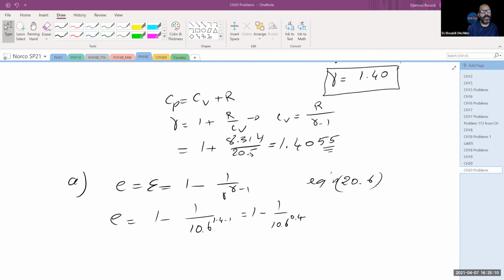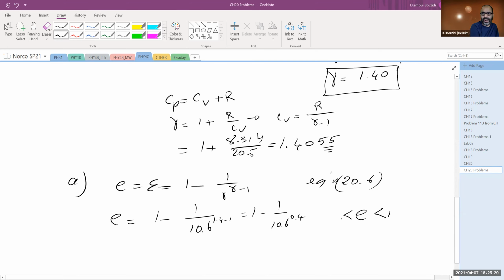You don't want to raise the whole thing to the power 0.4, and you don't want to subtract something, and you don't want to get a negative efficiency, and you don't want to get an efficiency more than 100%. So here is how you know you went wrong. E must be greater than 0 and less than 1. That doesn't mean that you're right, but it means you didn't do something horrible in the calculator and end up with something nonsense.